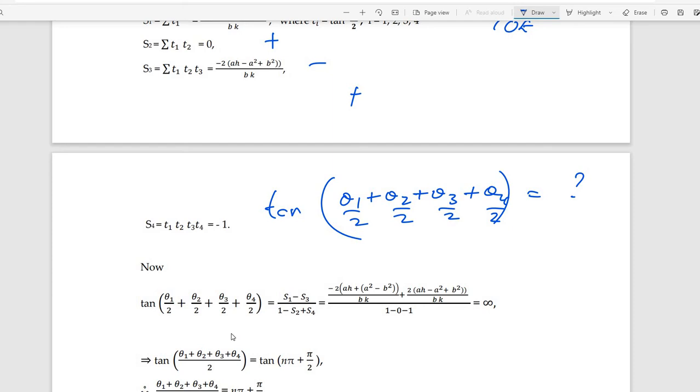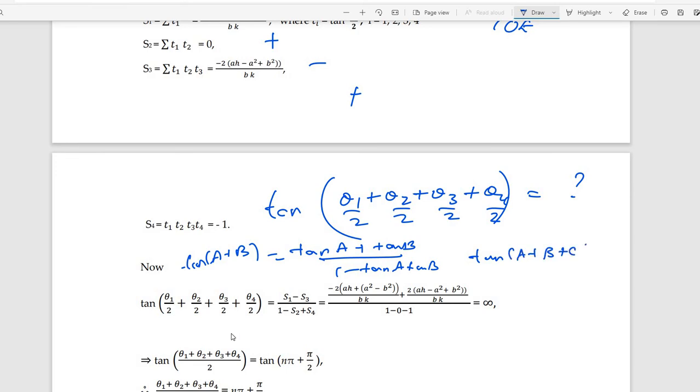It has to be remembered: tan of a plus b is tan a plus tan b divided by 1 minus tan a tan b. Likewise, we have a formula for tan of a plus b plus c plus d.